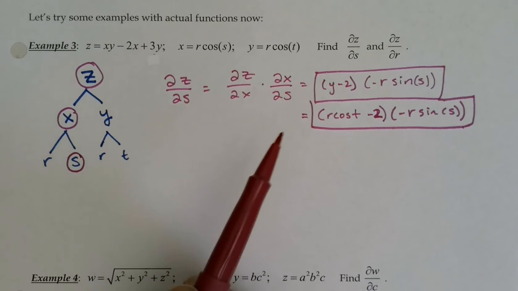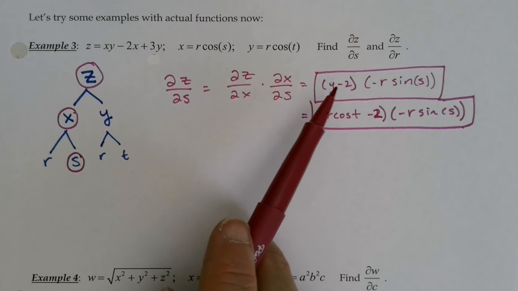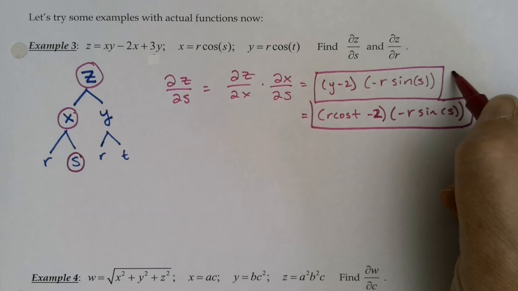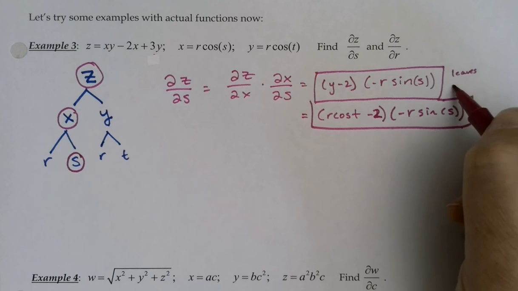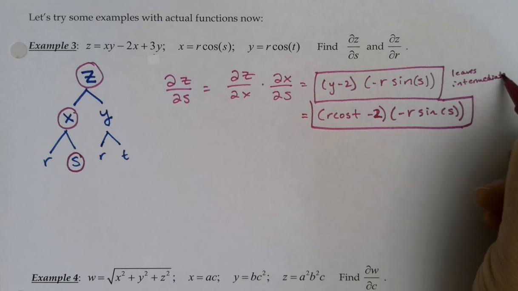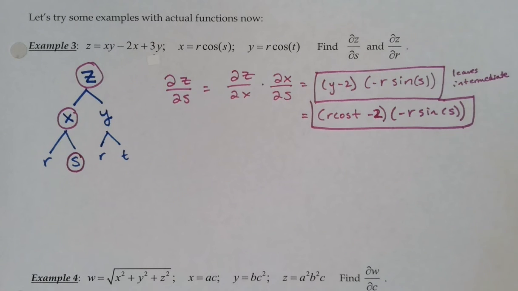So it's kind of, do you want to leave y in there as an intermediate variable, or do you want to eliminate your intermediate variables? So this leaves the intermediate, and the other one does not. The intermediate variables being, of course, x and y. And the answers, they're both correct. You use whichever one's more convenient for you.